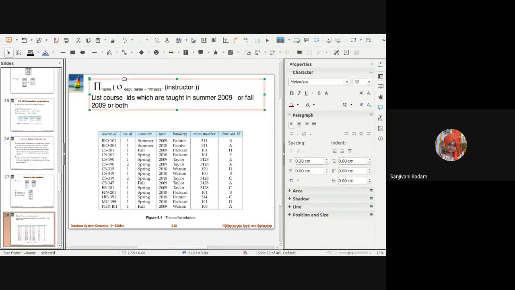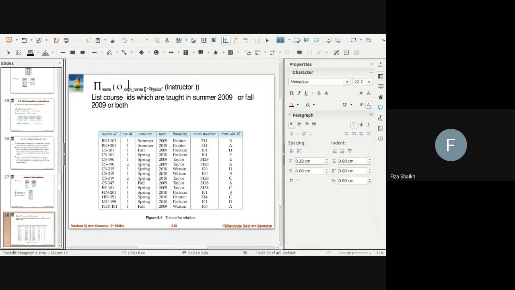So can I tell you the query? In the bracket, select year equal to 2009, and out of the bracket, projection equal to course ID.